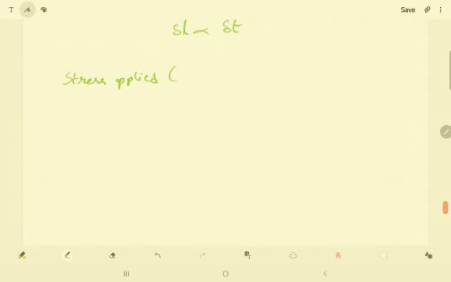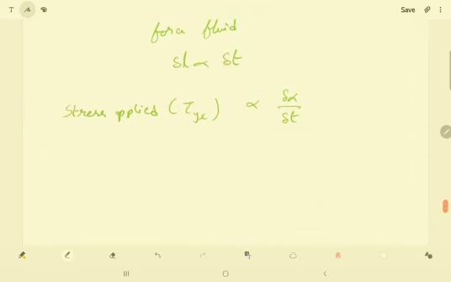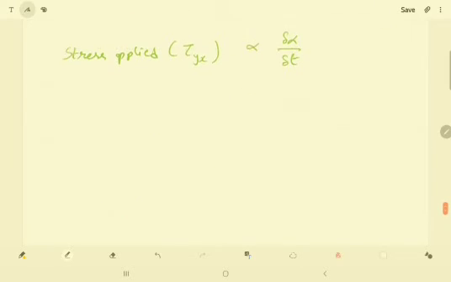So the stress applied tau yx is directly proportional to delta alpha by delta t, where delta alpha is the angle between the initial condition and the final time we are considering. So how can it be possible? How can we say that tau yx is directly proportional to delta alpha by delta t?